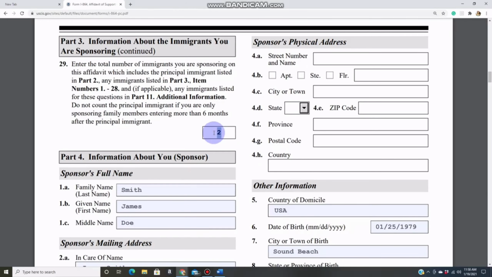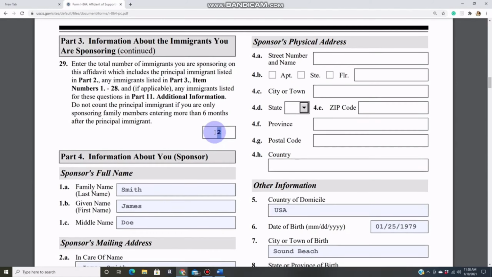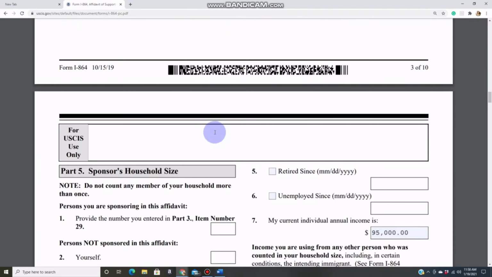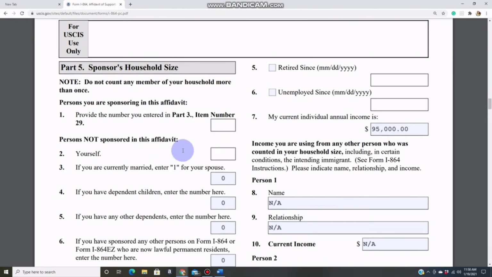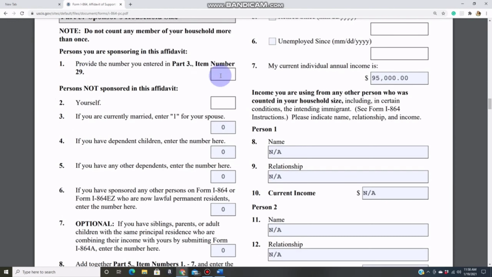But if your sponsor or petitioner is just sponsoring your derivative applicant, you must write down the count of the derivative or K2 applicant being sponsored in the space provided. So since I wrote down 2, I will write down 2 in Part 5, item number 1, in this space provided.